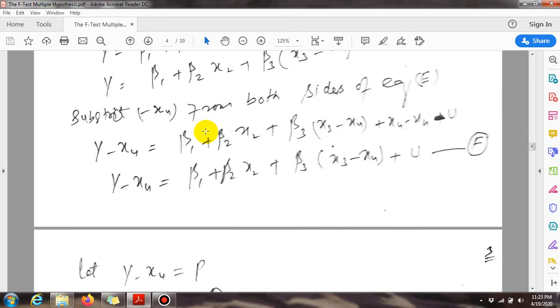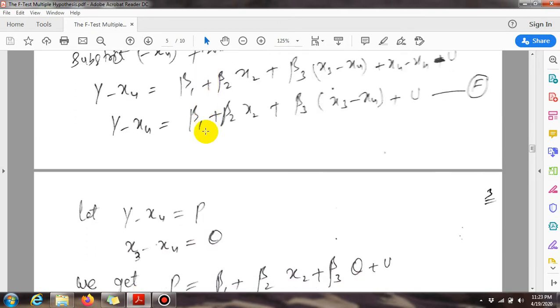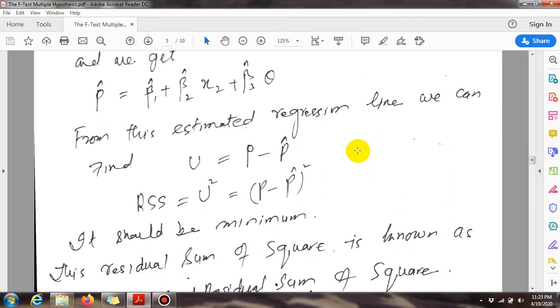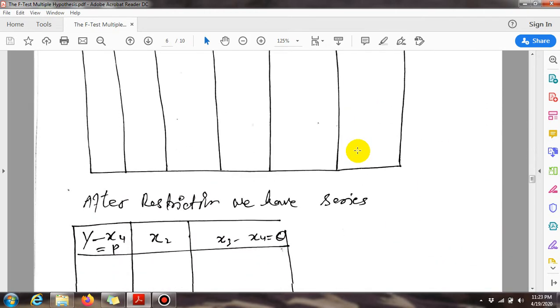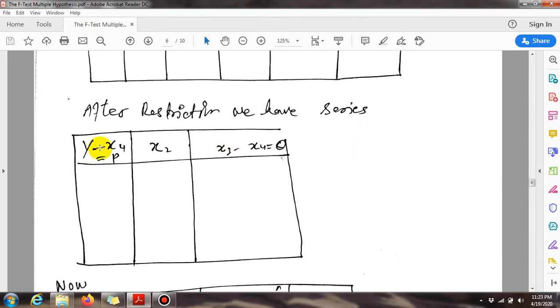Now, putting a restriction, we have this regression line: y minus x4 is equal to beta 1 plus beta 2 x2 plus beta 3 into x3 minus x4 plus u. Here after putting the restriction we have y minus x4.